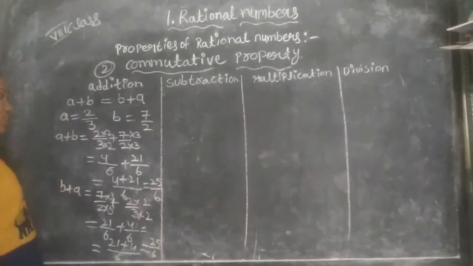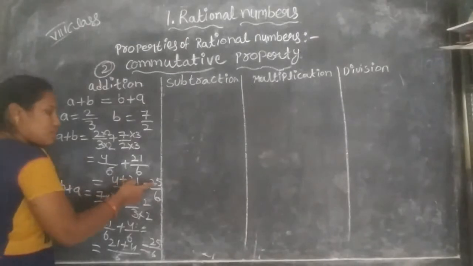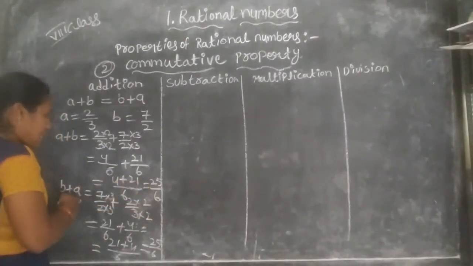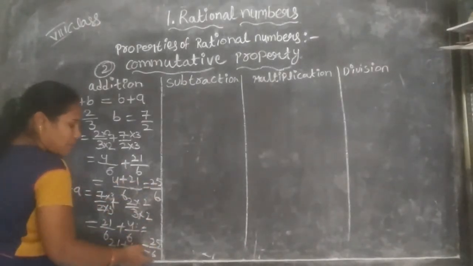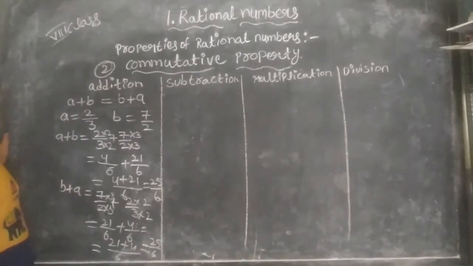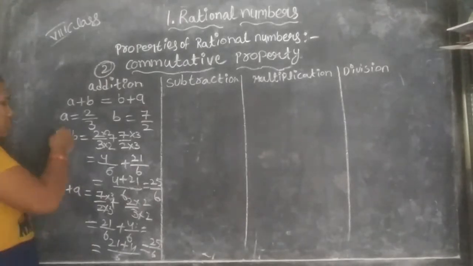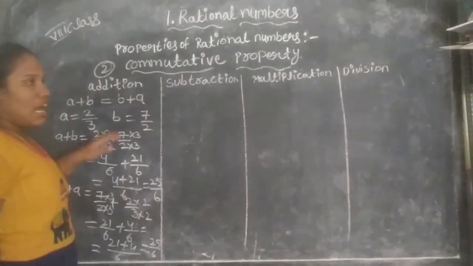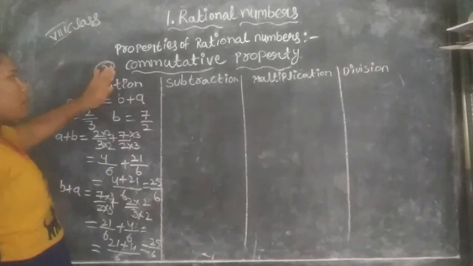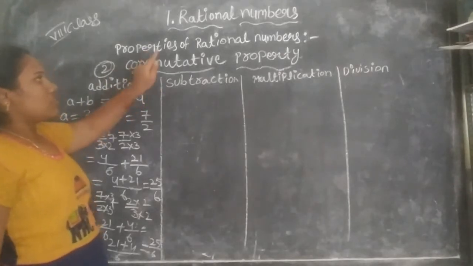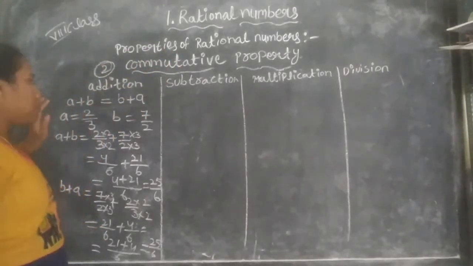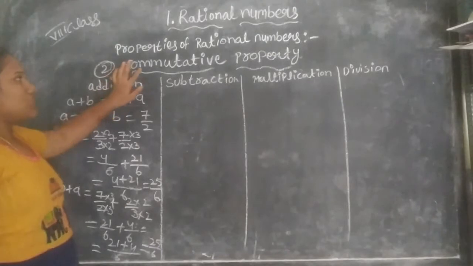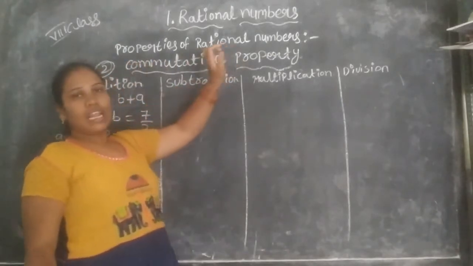So just see the answer. A plus B answer is 25 by 6 and B plus A answer is also 25 by 6. So this set of numbers commutes. Addition is commutative on this set of rational numbers.